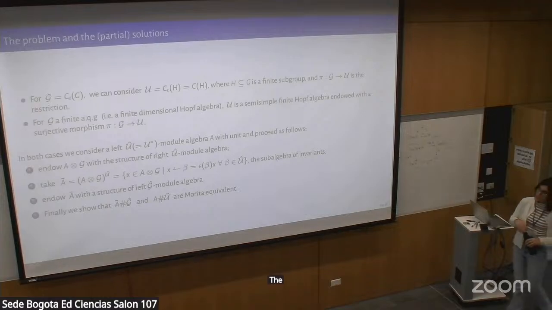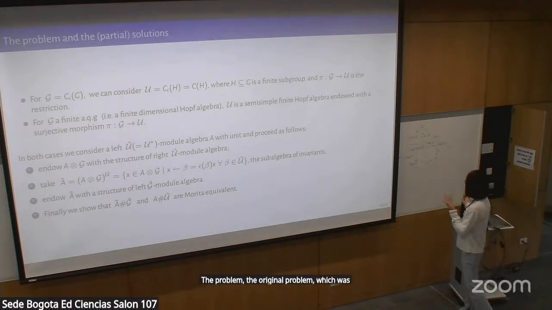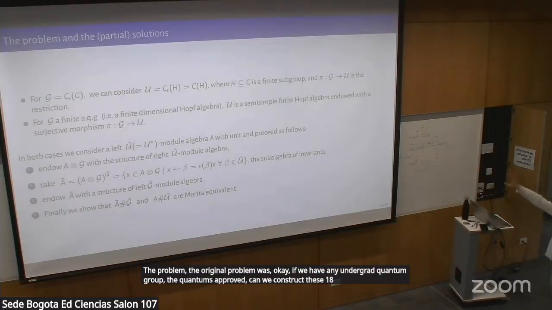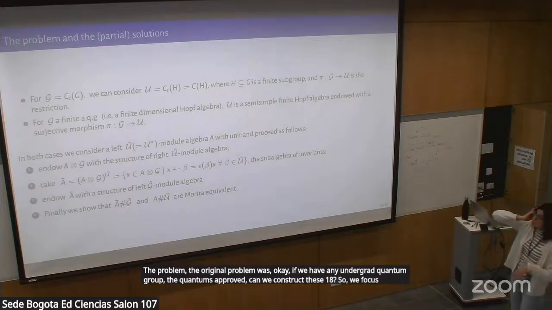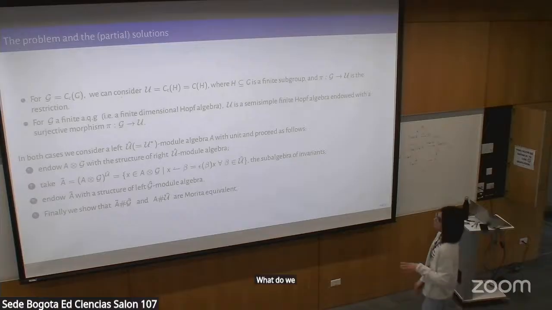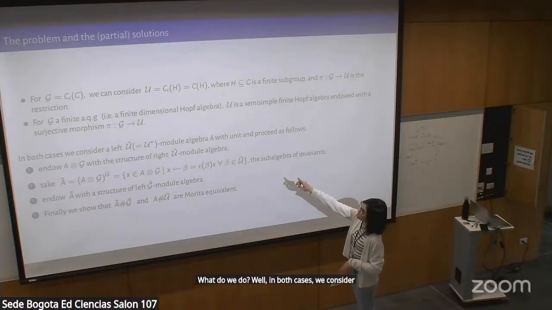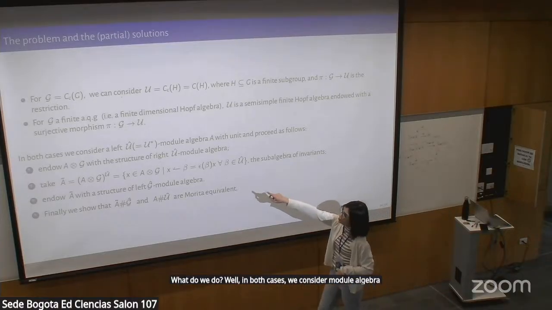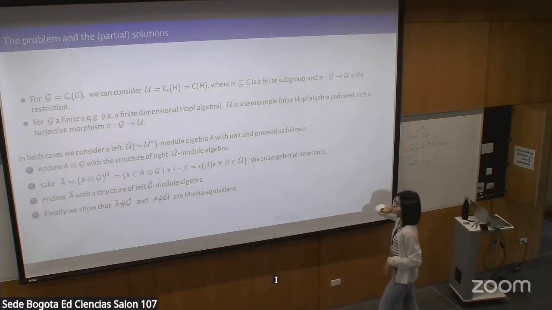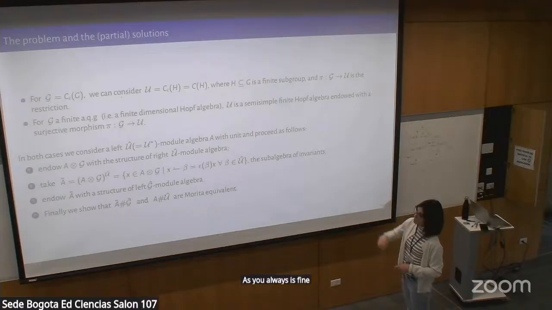So the original problem was, okay, if we have any algebraic quantum group with a quantum subgroup, can we construct this A tilde? So we focus on these cases. What do we do? Well, in both cases, we consider a left module algebra over the dual of U. As U is finite dimensional, then it's just all the functionals.